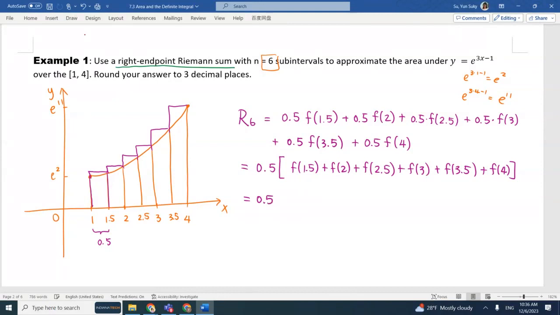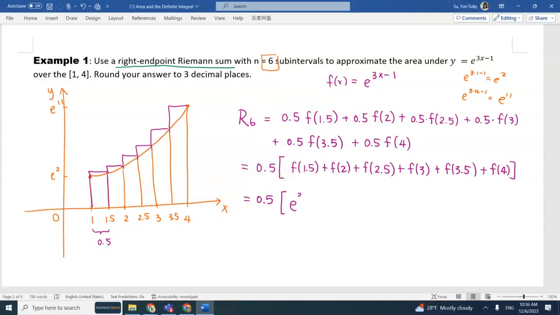So now we can actually plug in. f of x is e to the 3x minus 1.